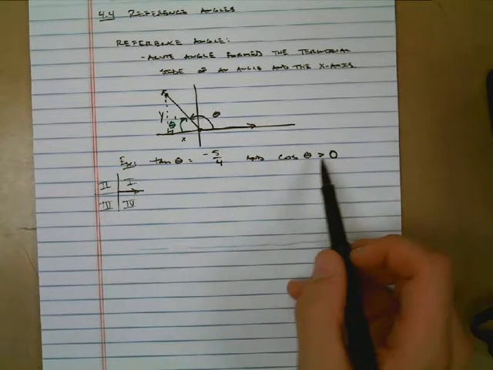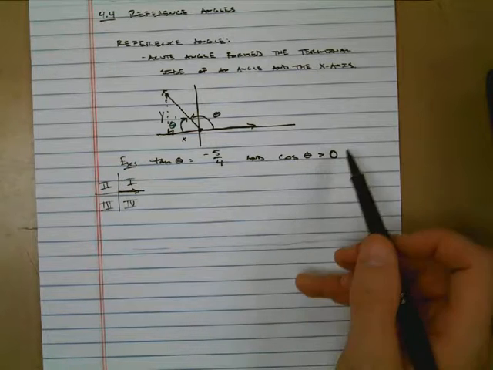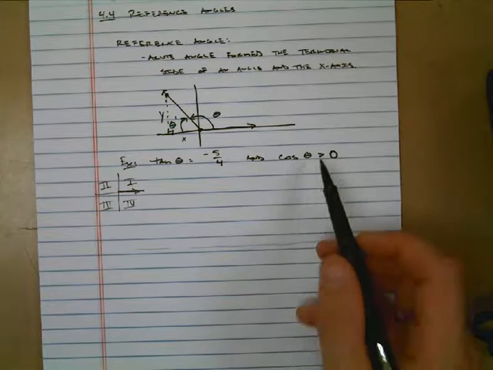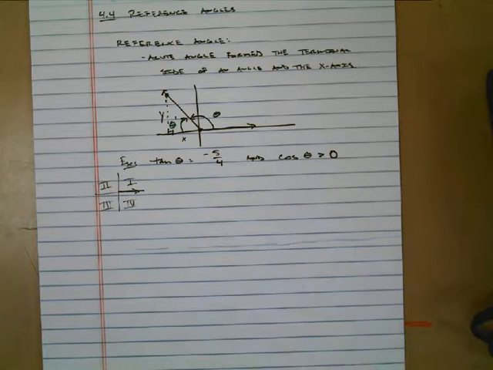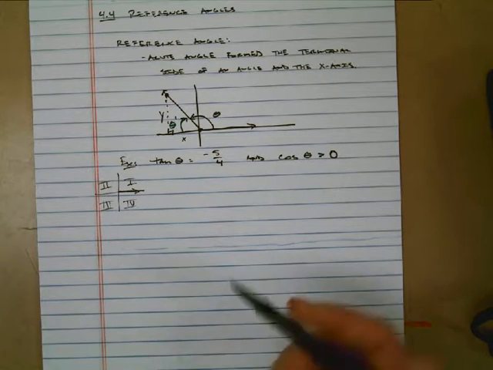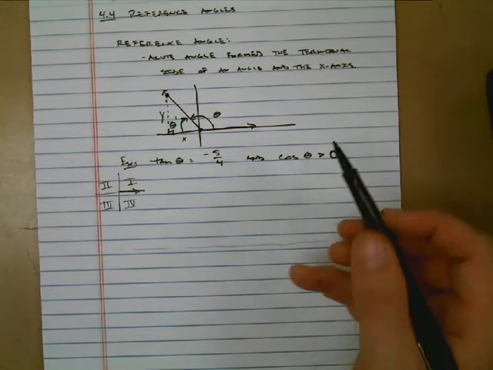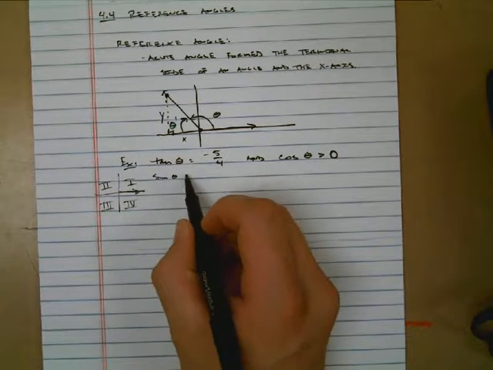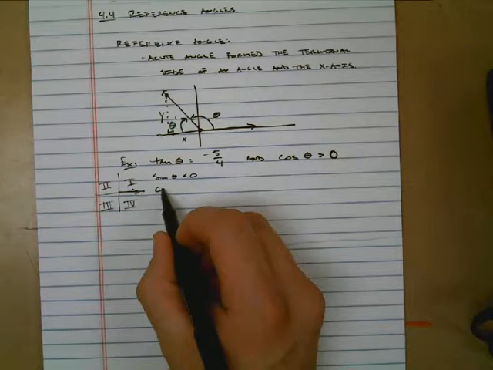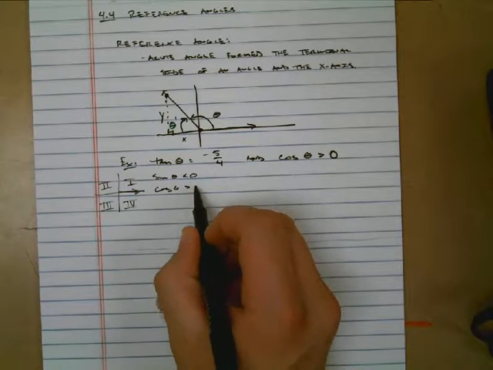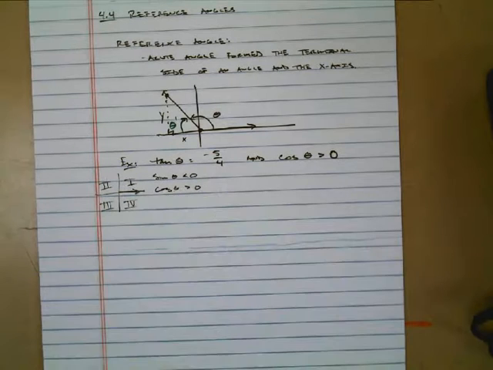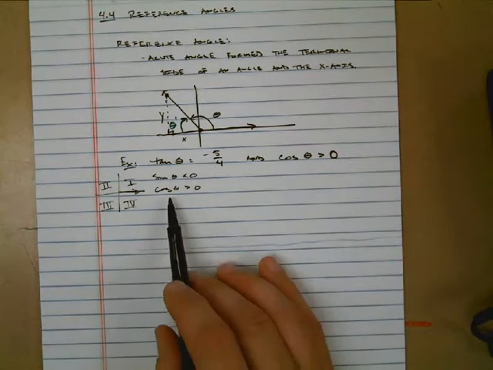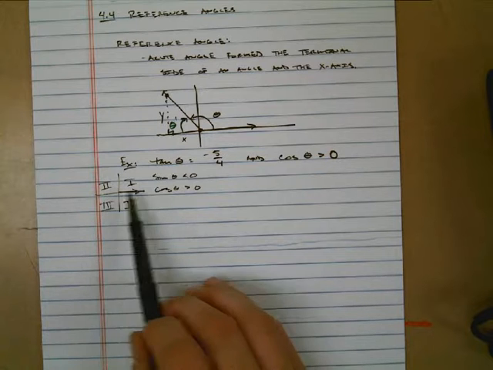Well, the only way for tangent to be negative while cosine is positive would be for sine to be negative, since tangent is sine over cosine. So the question is, which quadrant has a sine value that is negative while the cosine value is positive? Well, that means y is negative, so we know we're below the x-axis, and x, cosine, is positive, so we're to the right. So we know we are in quadrant 4. And now I can give this a little sketch.